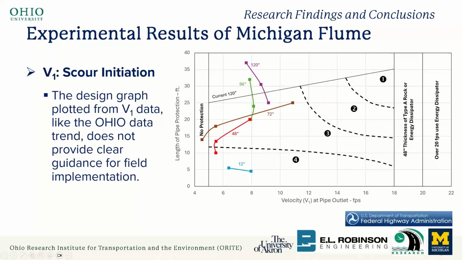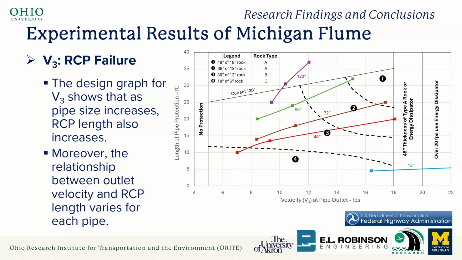So for Michigan, V1 is also a little weird. There's really no clear relationship, which is the same because, again, how to determine V1 is somewhat subjective, right? V3 on that side is also very similar to what we observed.